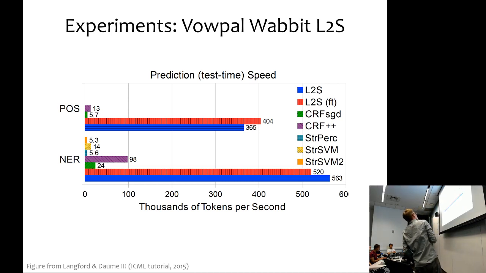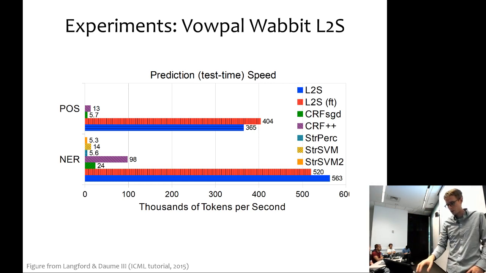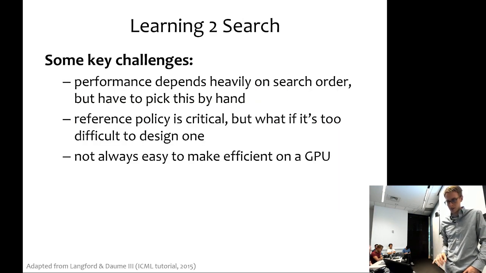On the part of speech tagging task, that 404 would be 404,000 tokens per second. So this is a lot faster than the competitors.